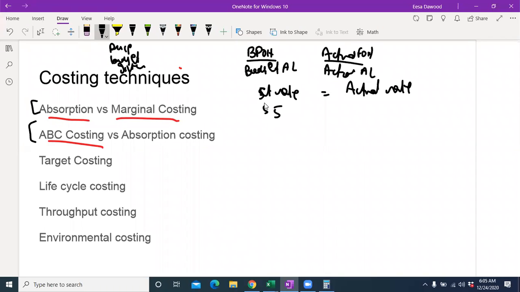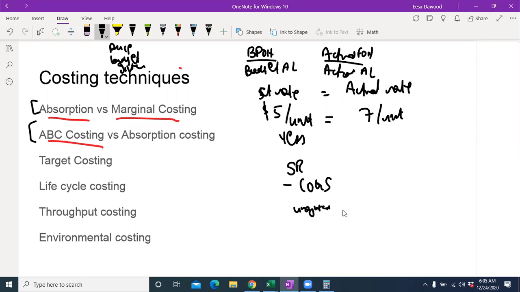So if we charged overhead cost at 5 per unit, but the actual rate was 7, we charged less, so definitely our profit won't be correct. So we will be making an adjustment. Sales less cost of goods sold will give you your unadjusted gross profit, and then you will either increase your cost or decrease your profit.